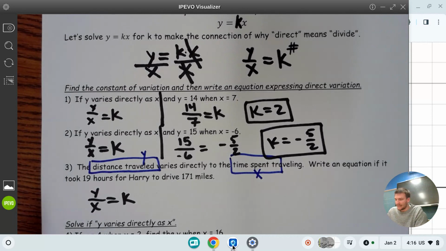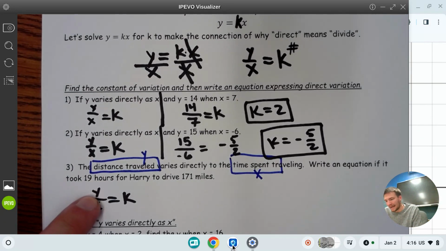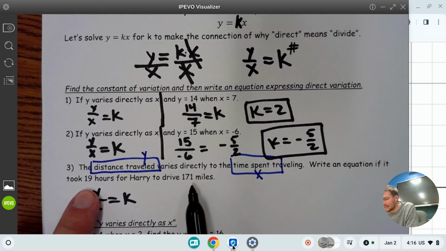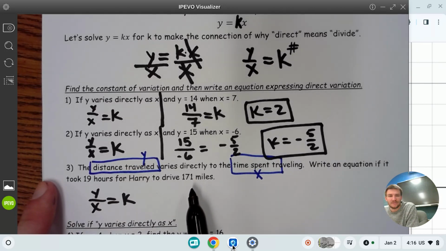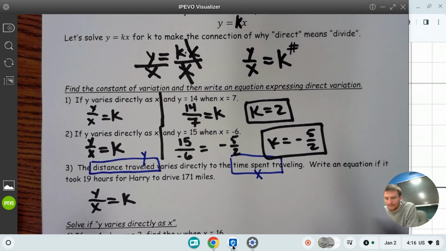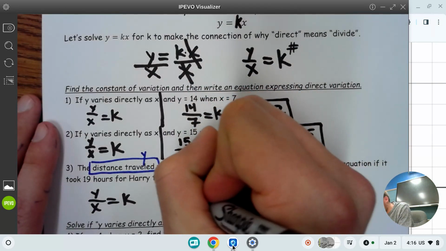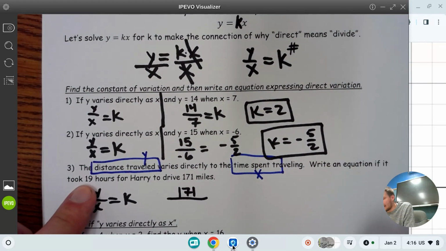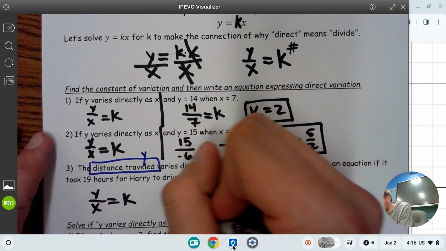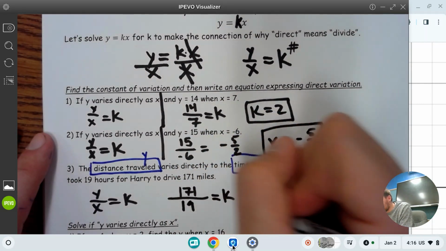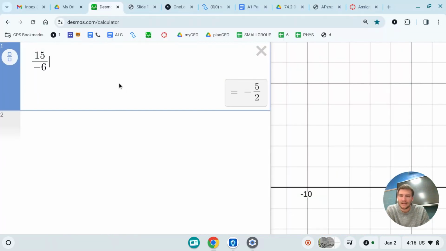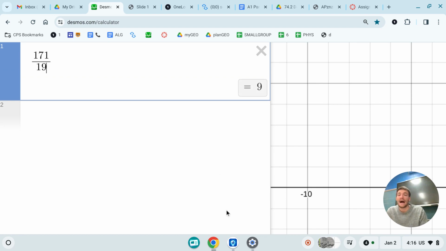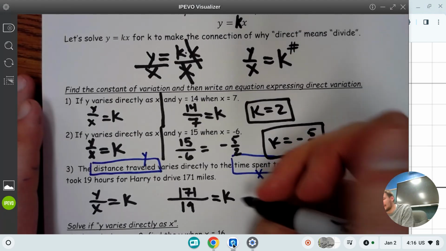So distance is the y. That means distance is on top. Which one of these numbers is distance, 19 or 171 miles? The miles is the distance. I'm going 171 miles on the top, and then it says 19 hours, so that 19 is going to go on the bottom. That's going to help me find the K. If you're really good, you can know that we're going to get 9 dividing 171 by 19.